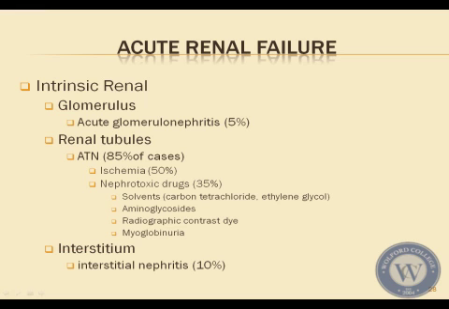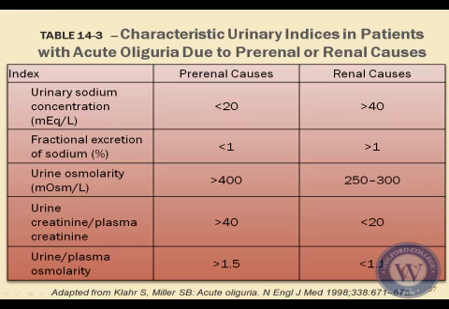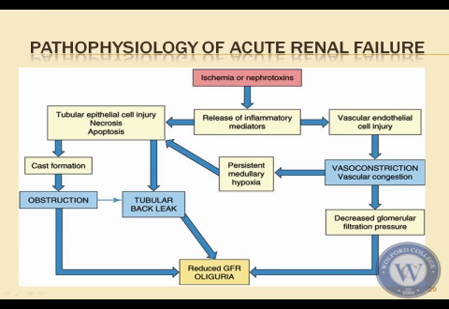These are caused by things like solvents, aminoglycosides, radiographic contrast dye, and myoglobinuria. The other 10% of intrinsic renal disease can be from interstitial nephritis, which is still fairly rare. Again, the indices for these patients indicate that the kidney is losing the ability to retain sodium, and you see increased renal sodium excretion as a consequence.